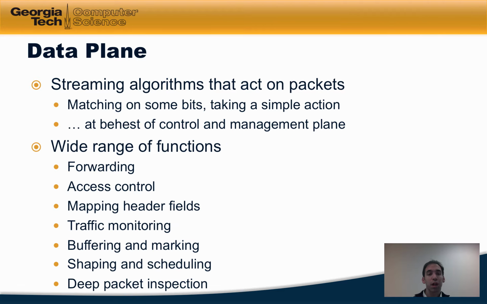The data plane, of course, can perform a wide range of functions, including packet forwarding, but also a more sophisticated set of operations, including access control, manipulation of packet header fields, traffic monitoring, buffering, marking the packet, traffic shaping, in other words, shaping the traffic so that it does not exceed a particular rate, and deep packet inspection, in other words, looking into the payload of the packet, for example, to determine whether malware might be present.